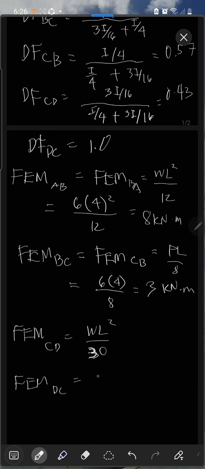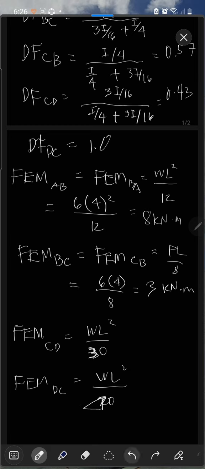So DC is wL squared over 20. Where the maximum is, it is the 20. So here is 20, here is 30.